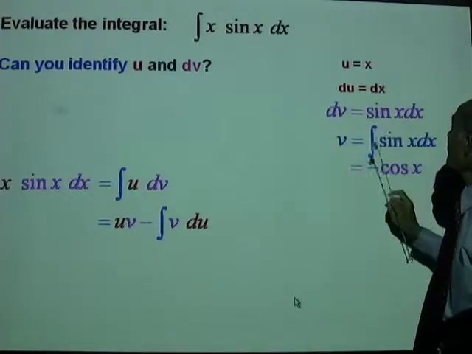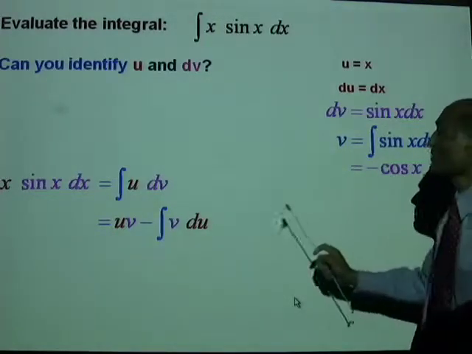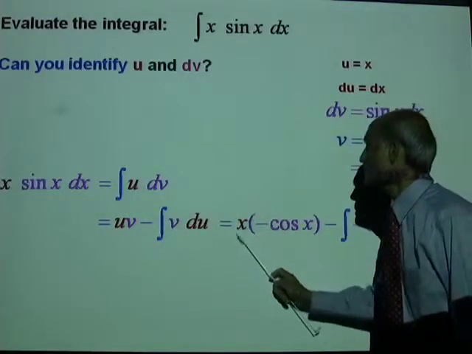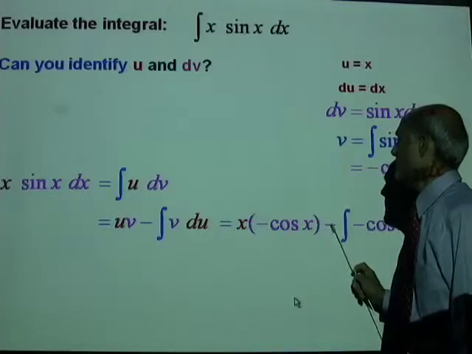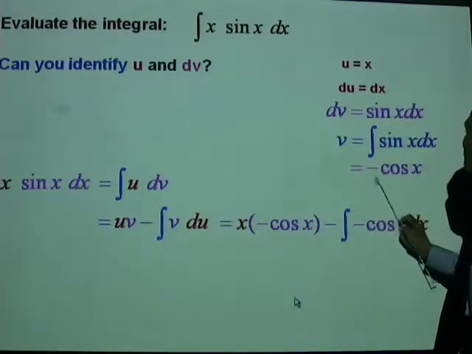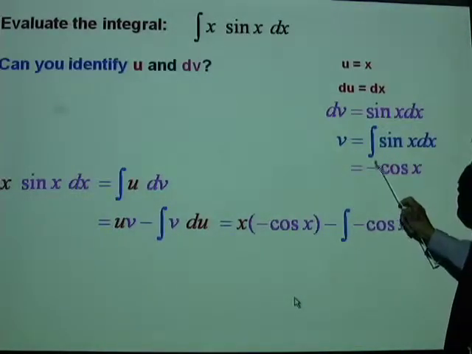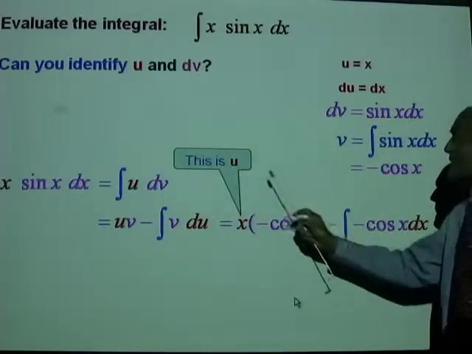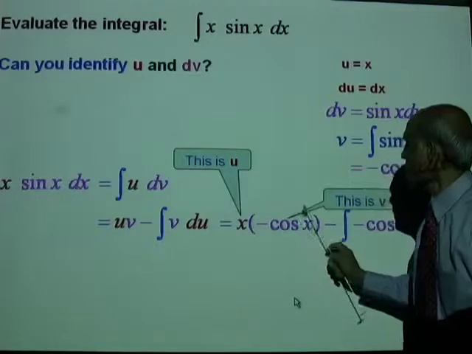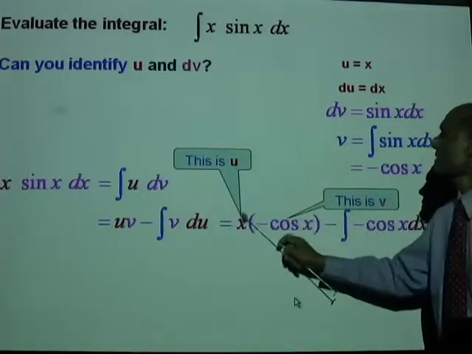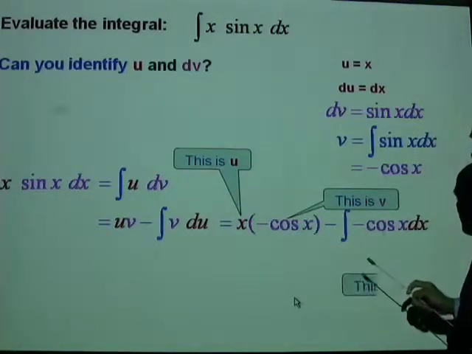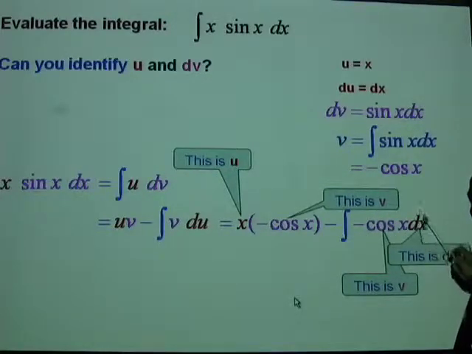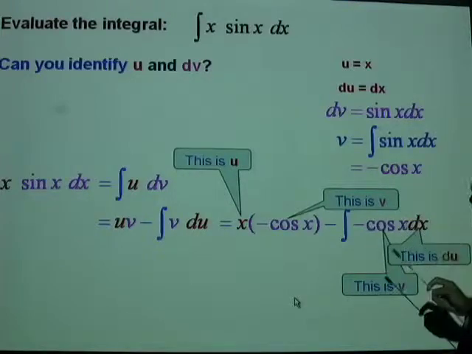U is x, v is negative cos x, so that will be x times negative cos x, that is u times v, minus the integral of v du. V is negative cos x, du is dx. So once again, this is our u, and this is our v, that gives you uv. This is the v, and this is our du.